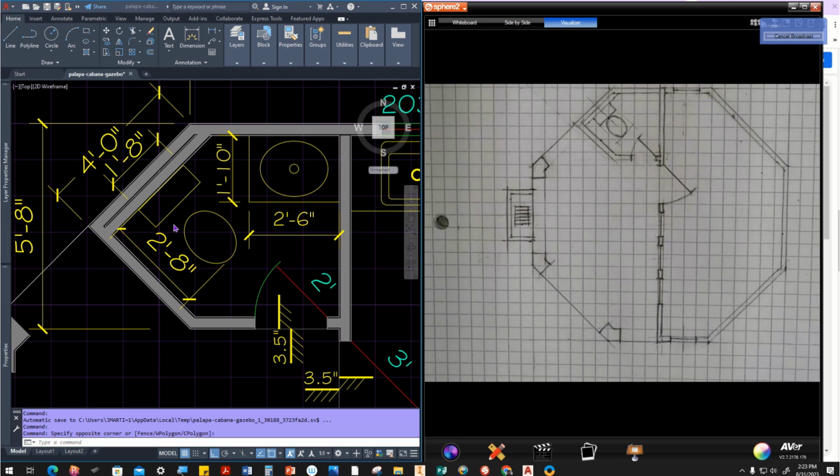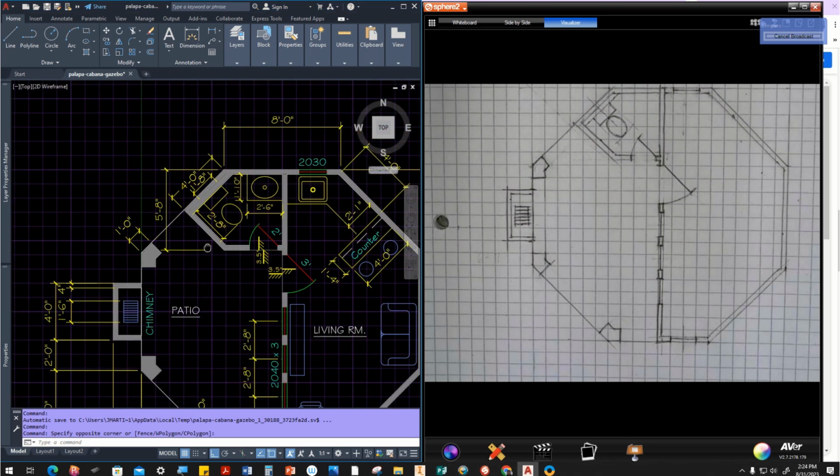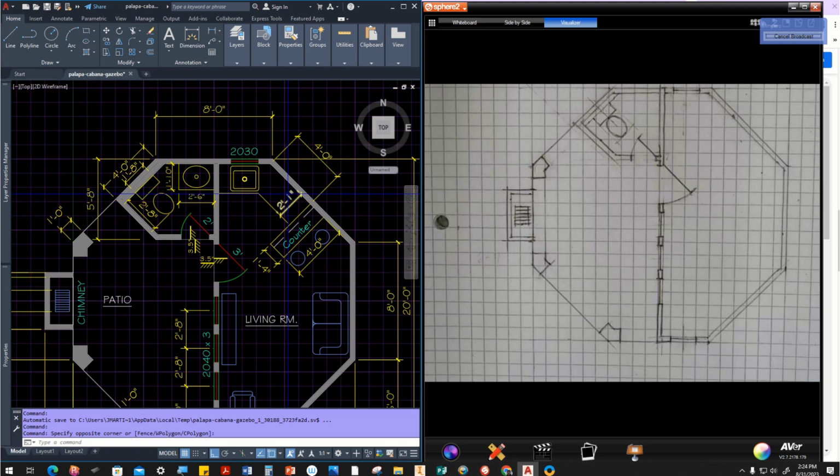Next, we have a cabinet. Yes, that's the attitude. 2 feet 6 by 1 foot 10. Notice that this is a cabinet for a restroom, while you have a cabinet for a kitchen in the other room, right?